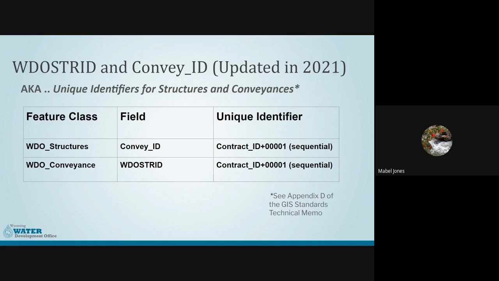These fields have to be populated by you for each feature that you add. The convention for creating the data for this field is pretty straightforward. It's basically your contract ID plus a sequential number for successive records. Be sure to review the GIS tech memo to make sure you assign these numbers correctly.